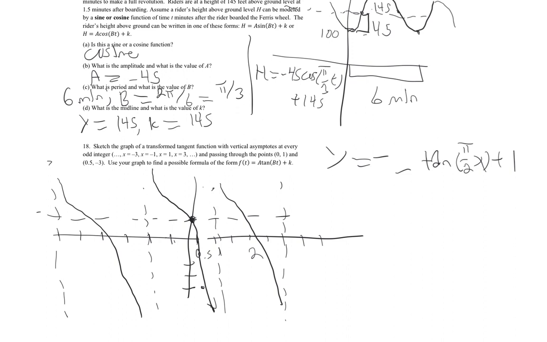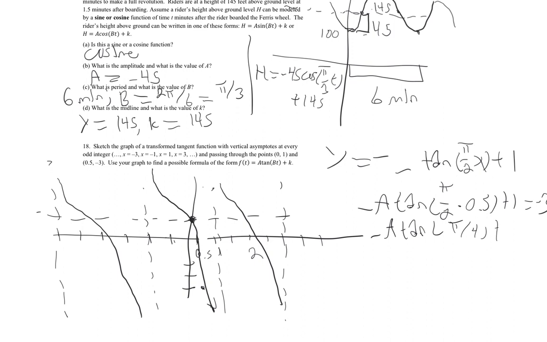The last part is, we're going to use this point over here, 0.5, negative 3, to tell us the scaling factor. So negative a tangent of pi over 2 times 0.5, plus 1, equals negative 3. That's negative a tangent of pi over 4 plus 1, which is negative a times 1 plus 1, negative 4, or negative 3.